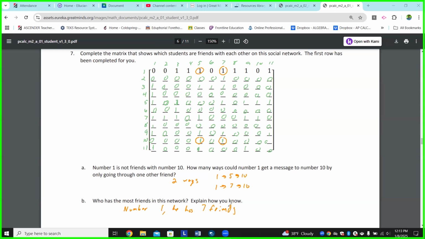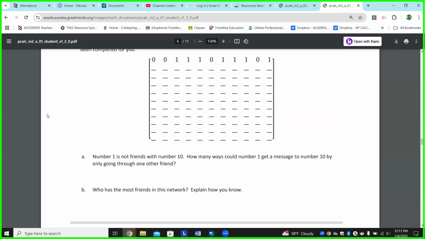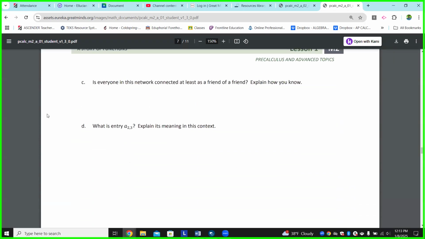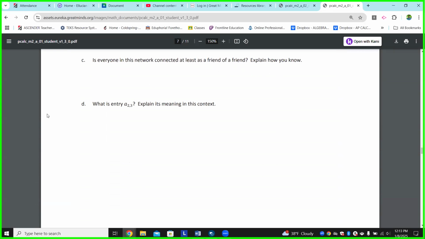Any questions so far? All righty. I'm going to have to erase this, so make sure you have that matrix so you answer the last 2 questions, and that will wrap up lesson 1. So in C, it says, is everyone in this network connected at least as a friend of a friend?